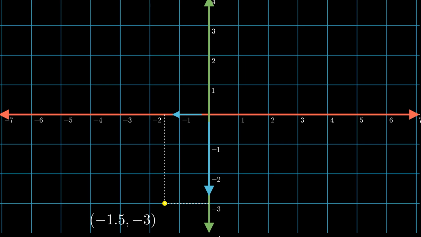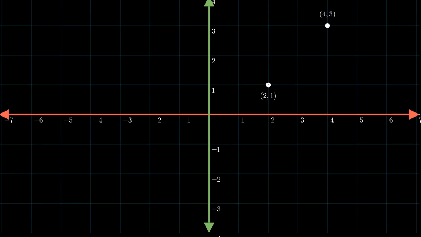Now that we know how to locate points in the Cartesian plane, let's learn how to find the distance between 2 points. Consider 2 points P1 and P2 with coordinates 2, 1 and 4, 3 respectively. What we want to find is the distance between these 2 points, so we start by drawing a straight line between the 2 points.